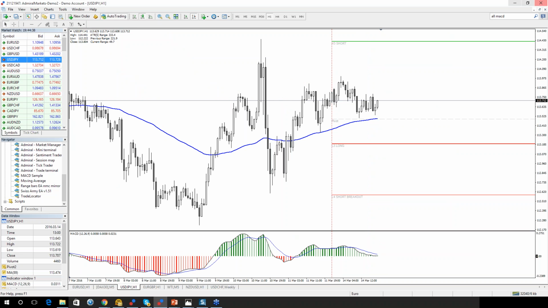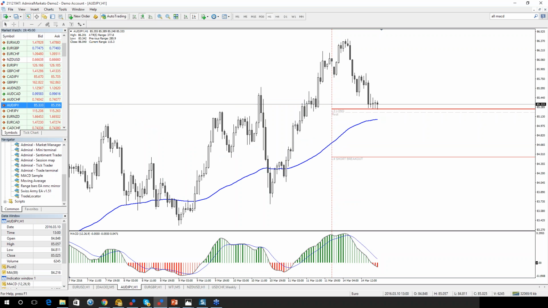Okay, now the analysis, a quick look at AUD yen and pound Australian dollar. AUD yen is bullish, definitely. So look to buy the dip.